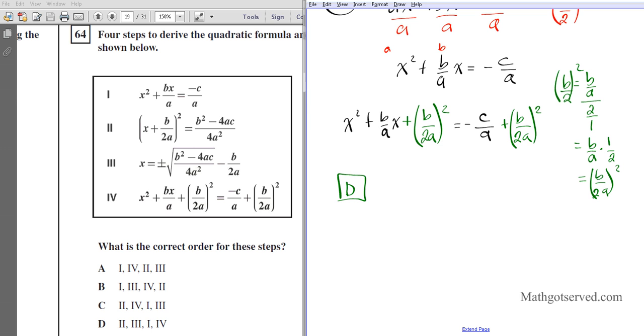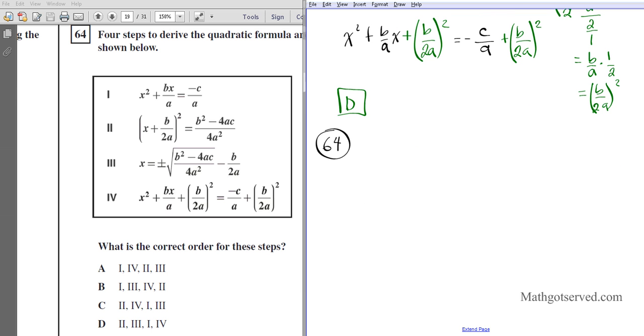All right, now 64. What are the steps to derive the quadratic formula? Well, if you want to derive the quadratic formula, first of all, here we have the general form ax squared plus bx plus c equals 0. First thing we want to do is move the c over and divide everything by a.